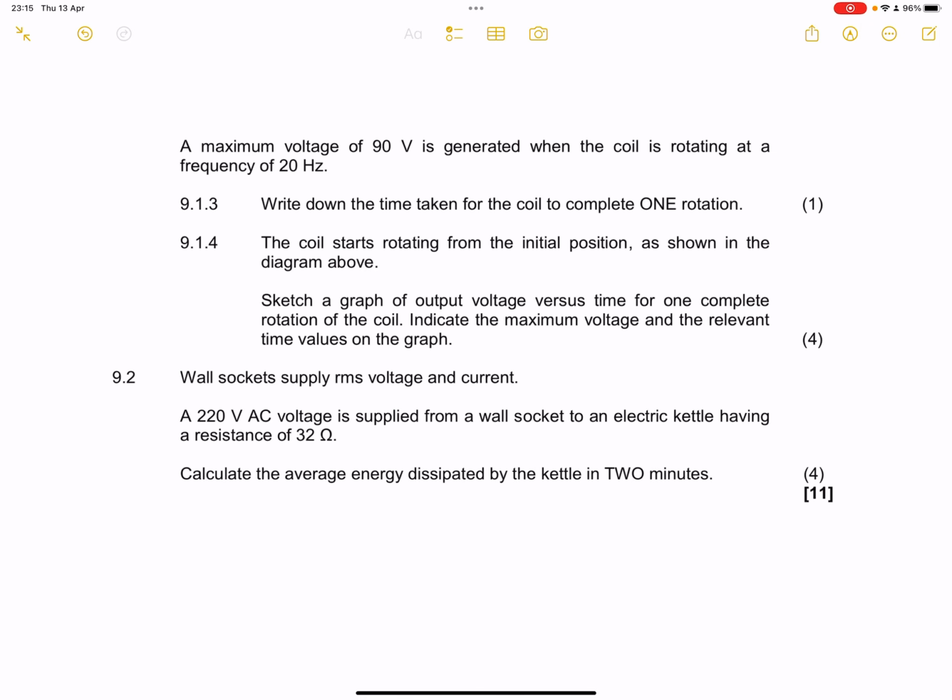Now, ladies and gents, remember when we're talking about frequency, we say that frequency is 1 over period. So in this case, we're simply going to say 1 over 20, and that would be 0.05 seconds.